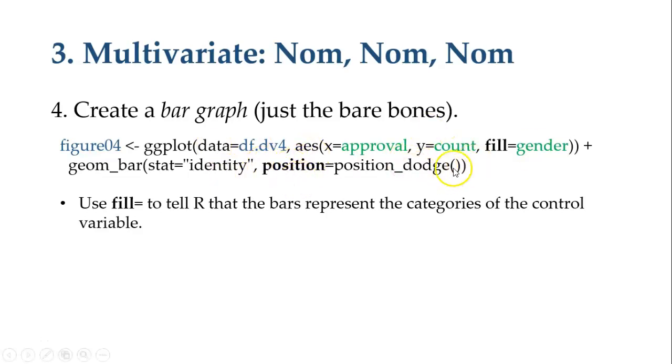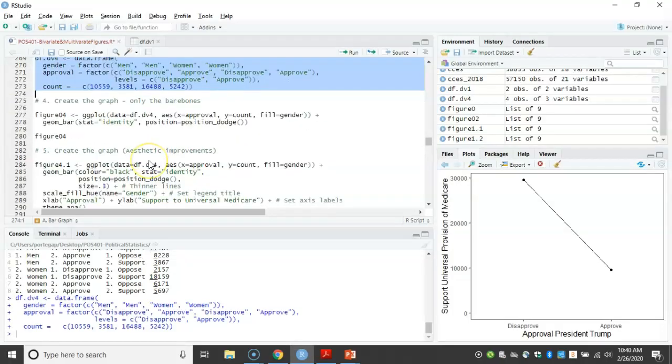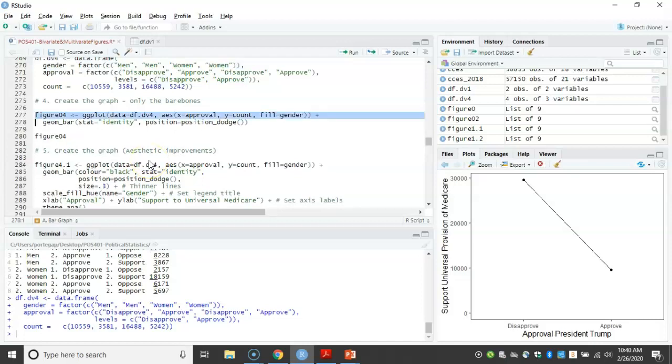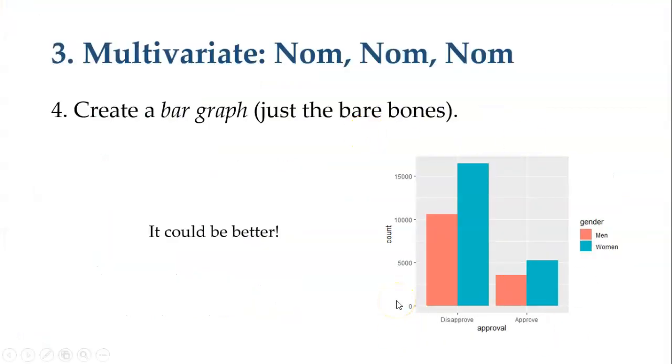The position is position dodge, but it doesn't matter. It's just technical. But what is really important here is that you write your control variable in this fill function, okay? This is your bar. Let me do it here to show you. Okay, let's see it.